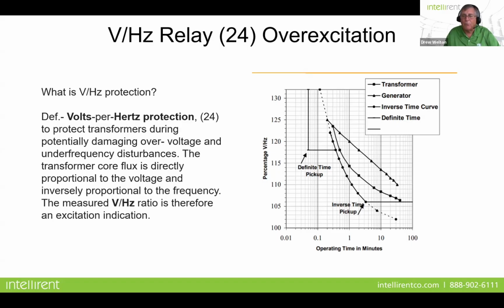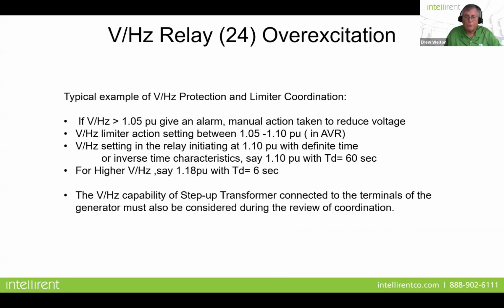So the higher the volts per hertz, the more damage can occur, or the more sensitive you want it to be. And as you get higher on that scale, your time to trip gets shorter and shorter. So here's a typical example where 1.05 might give you an alarm so you can take corrective action before it gets too high.